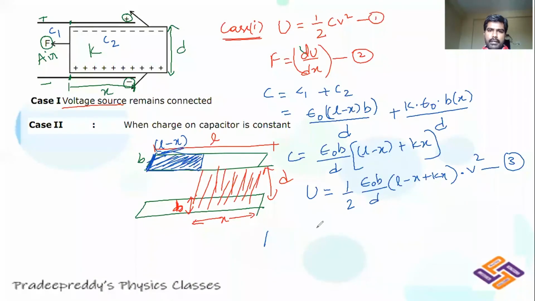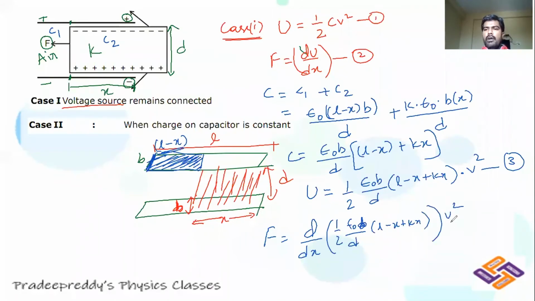F will be equal to d by dx of half epsilon naught B by D into (L minus x plus Kx) into V square. Constant terms, you can bring them out. Only x is variable here, right? You are differentiating the whole term with respect to x. Only x is variable. All remaining terms are constants. You can bring them out and differentiate with respect to x.